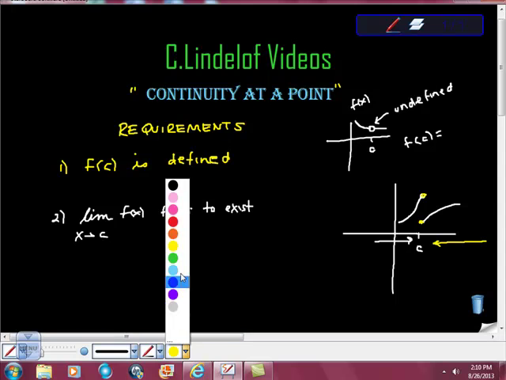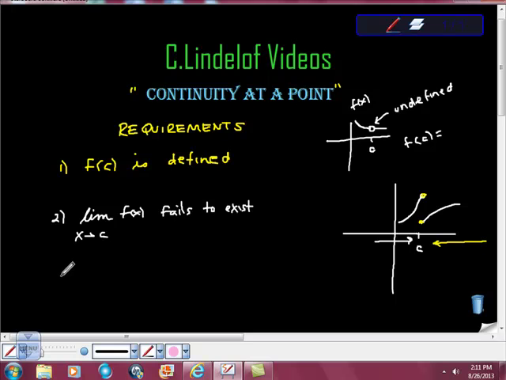Let's look at the last example of when a function is not continuous at a point, and that one is even easier. What has to be true is that the limit of f of x as x approaches c has to equal f of c.